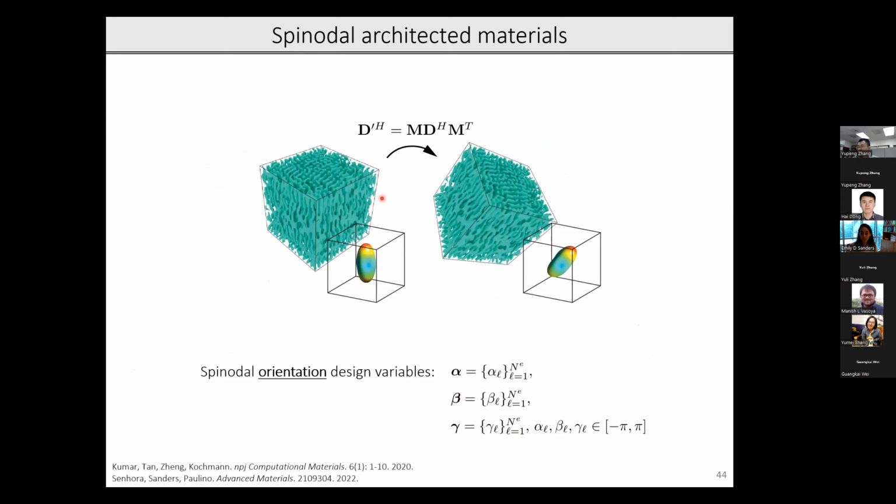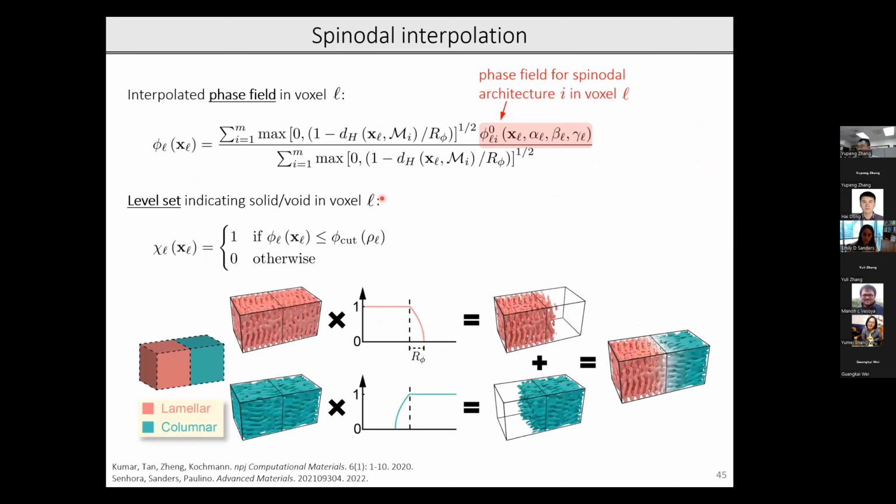And that's actually one of the key features of the spinodal architectures. Because they're stochastic and because of this phase field representation that we have, we can easily interpolate between them and ensure well-connected interfaces, no matter which spinodal classes you're connecting, which spinodal densities you're connecting, which spinodal orientations you're connecting.